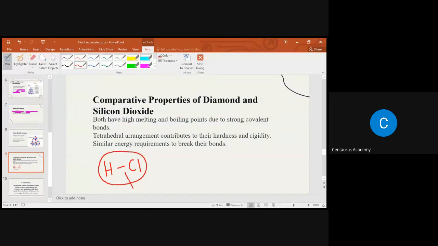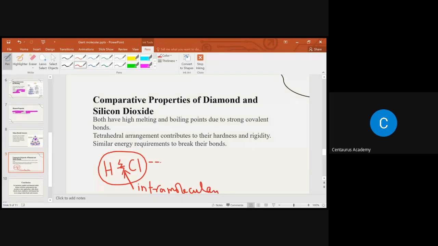The energy required to overcome this intramolecular bond, this single covalent bond, is referred to as the bond enthalpy. This is not part of the syllabus; I'm just trying to explain one particular thing here.